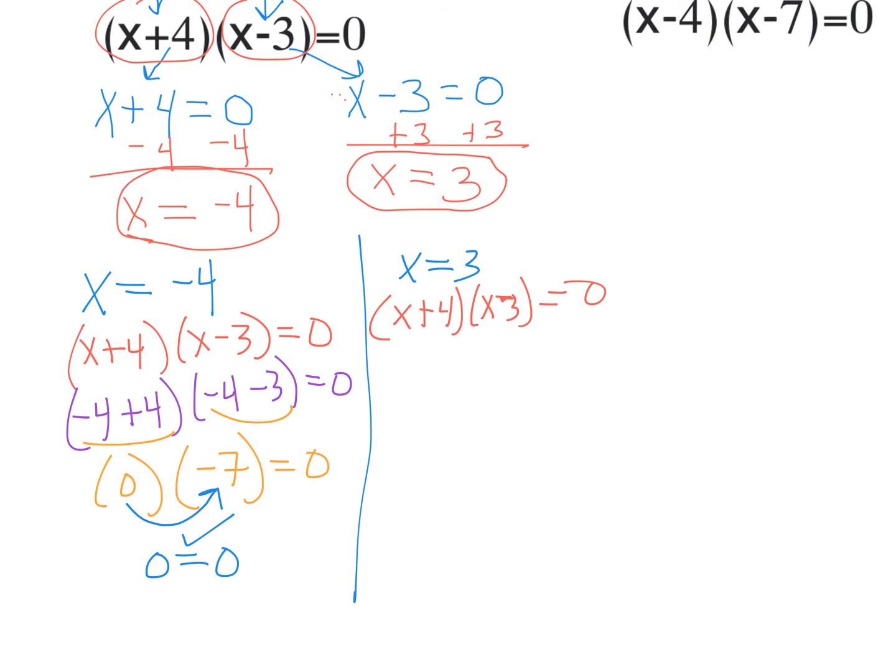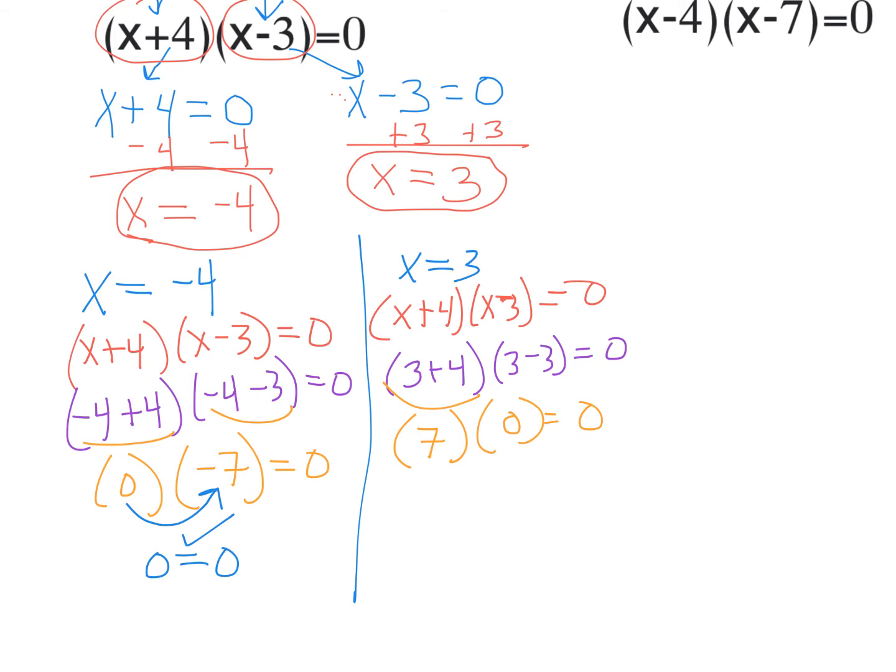Now, this time we're going to put 3 in for x, so 3 plus 4 and 3 minus 3 is equal to 0. Most of us could see already that it is going to work out to be 0, but I always get those students every year, saying, aha, I got you. 3 plus 4 is 7, that's not 0. Yeah, we haven't finished the problem yet. Yes, that is 7. But here, 3 minus 3 is 0.